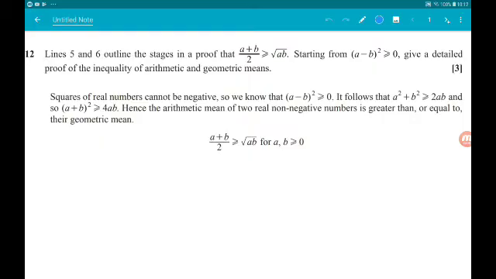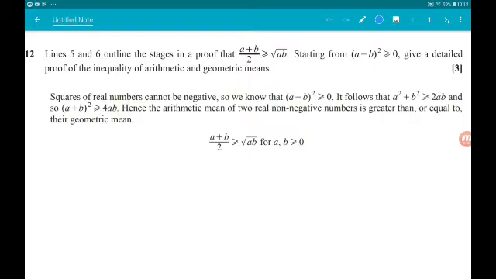So, if you've read through the insert, you know the arithmetic mean is a plus b over 2, and the geometric mean is root ab. So we need to turn a minus b squared is greater than or equal to 0 into a plus b over 2 is greater than or equal to root ab. It's not a particularly obvious proof. I've seen it pop up in other papers.